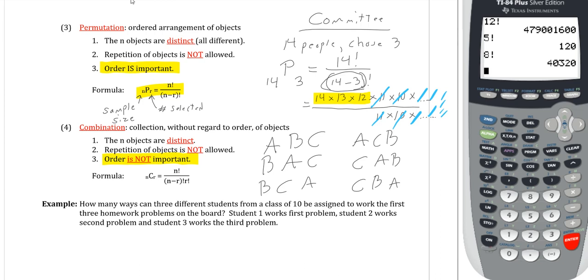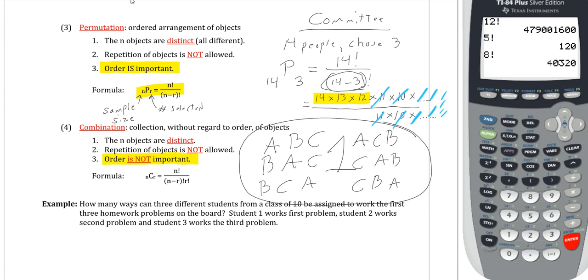Now, for permutation, these would all be considered different because they would be given different treatment. The first person selected would be president, second vice president, third secretary. But with a combination, all of these would be considered the same. Therefore, they would be combined into one. So this would be considered one combination. So a combination is going to take the possibilities of permutations and reduce it down so that there's no repetition of individuals selected or groups.